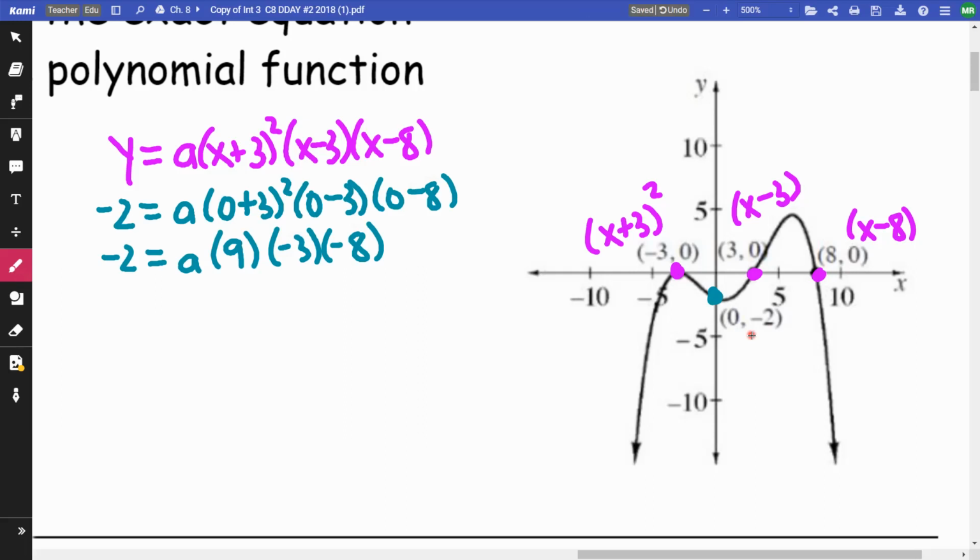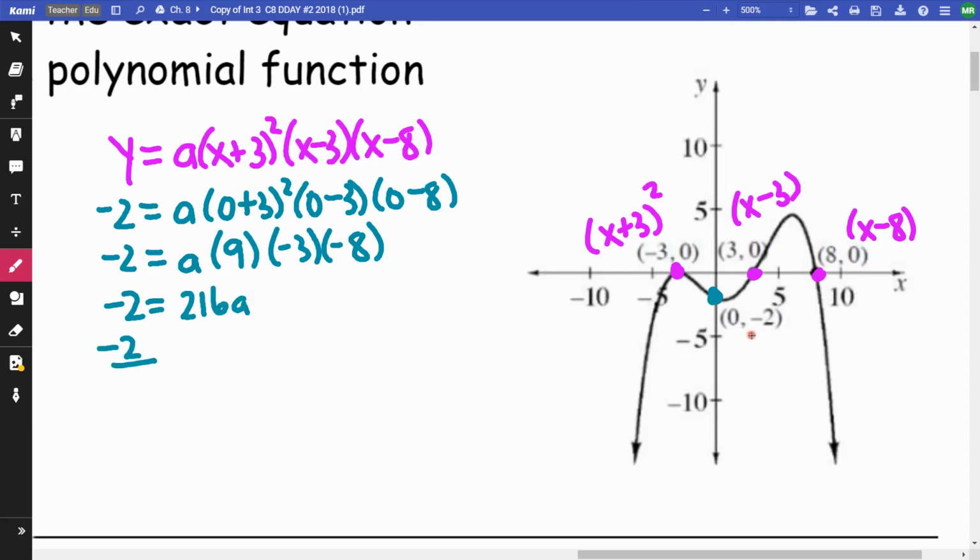Okay, so let's see. 9 times -3 times -8. I end up with 216. So I'm going to have -2 is equal to a positive 216a.